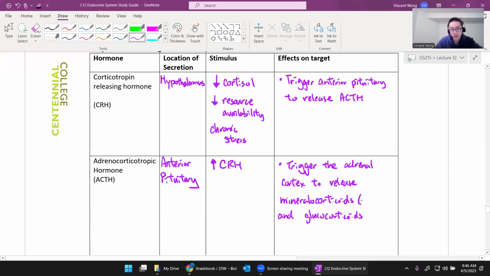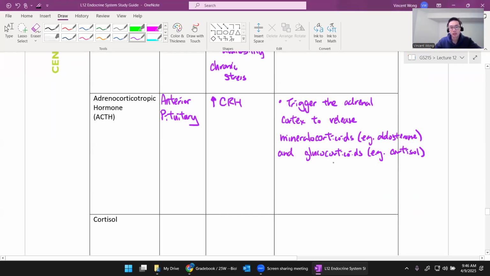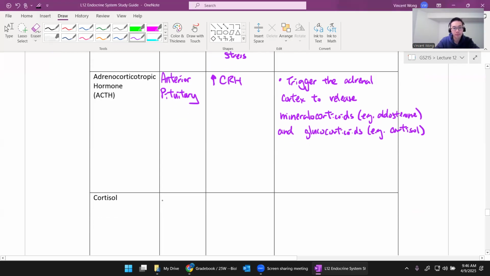Okay, the main one here is aldosterone once again, and cortisol. We're going to be focusing on cortisol here. It comes from the adrenal cortex in response to increased ACTH.